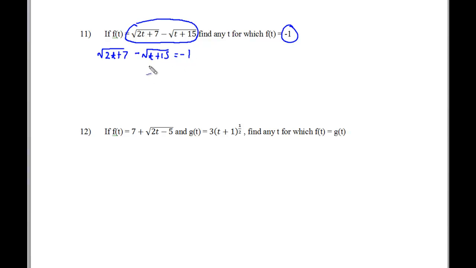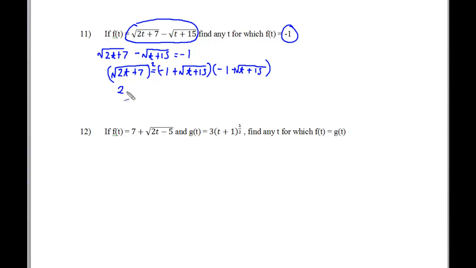Now, the goal here is to get one of these to the other side. So here I'm going to have my square root of 2t plus 7 is equal to negative 1 plus, instead of minus since I moved that over, the square root of t plus 15. We're now going to square both sides, which means that this has to get FOILed. So I'm going to write it twice to save me a step from the problem.